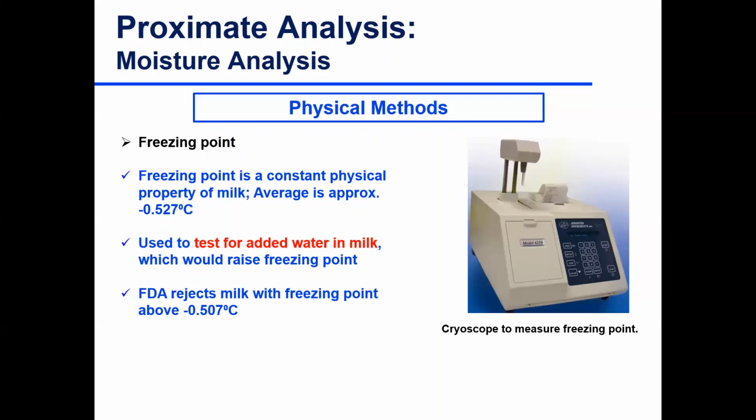The FDA rejects milk with a freezing point higher than this. Remember, any added solids tend to lower the freezing point. If it's pure water, this is going to be 0 degrees centigrade. As solids content increases, your freezing point drops. And so it's a very accurate, quick method.